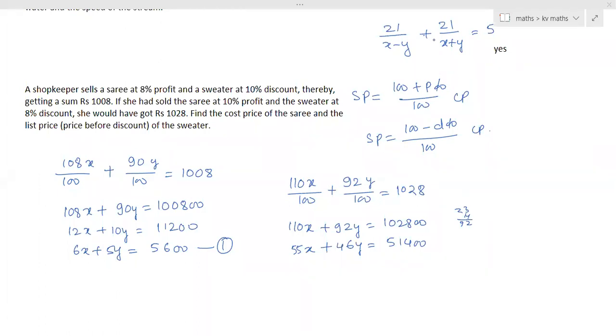Further division is not possible. So we have to take the LCM from here itself. This is 5 and 46. Any other possibilities are not there. So here multiply with 55 or 46, and this multiply with 5.